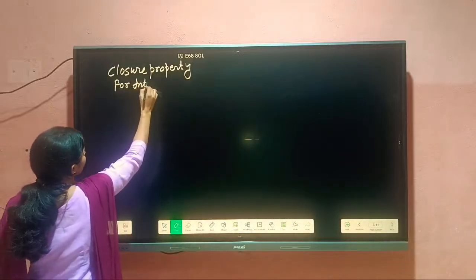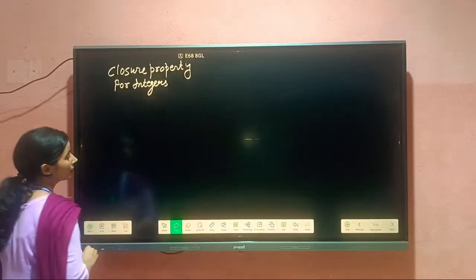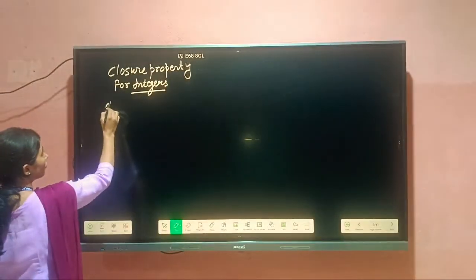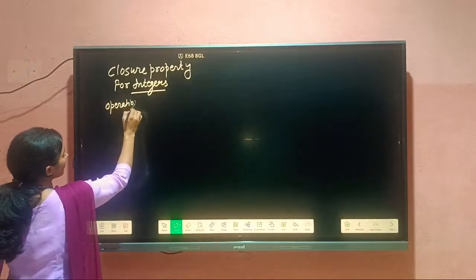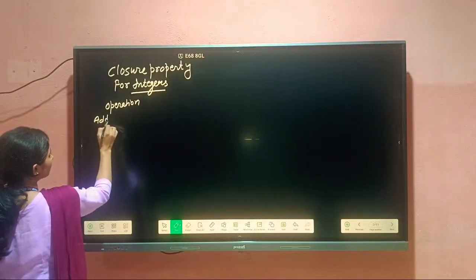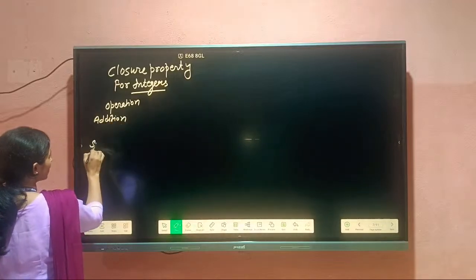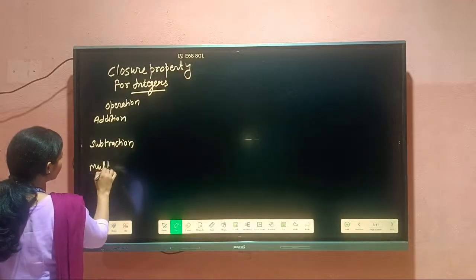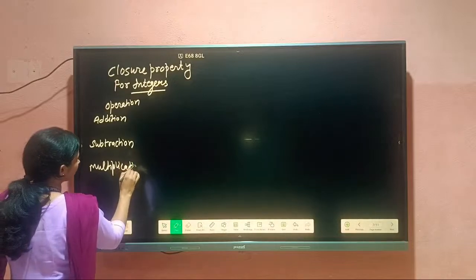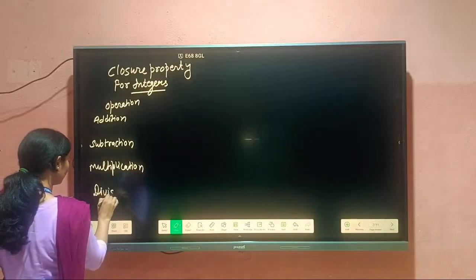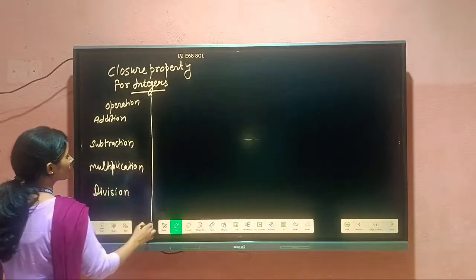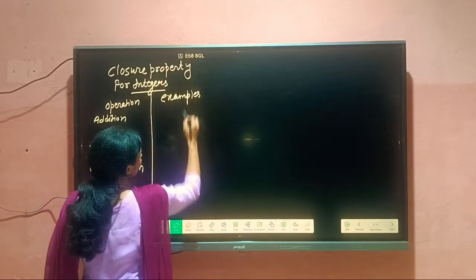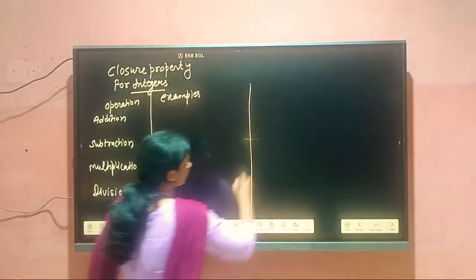Same pattern: this closure property for integers we will discuss under 4 operations. The operations are addition, subtraction, multiplication and division. Their examples we will write, and then their conclusion we will write.